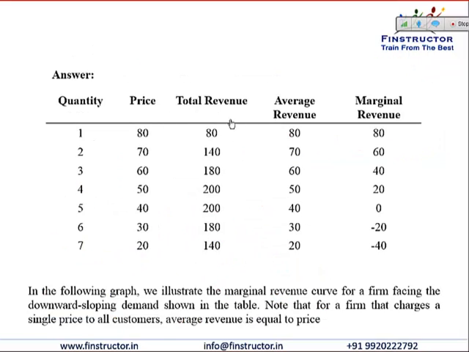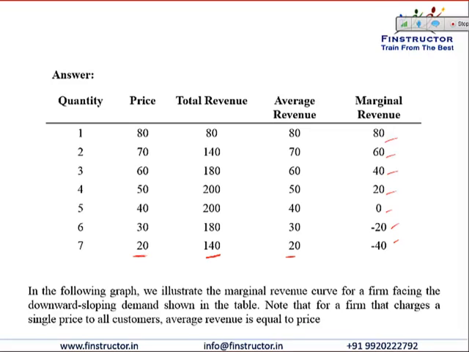So the price, the total revenue as we calculated, the average revenue, which is the same as the price table, and the marginal revenue for the first 80, and the marginal revenue kept on coming down.